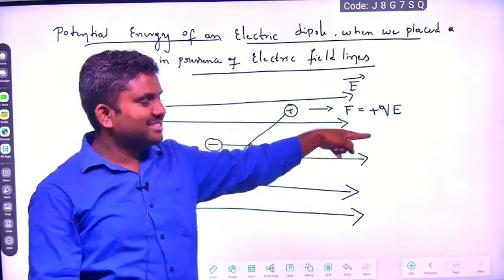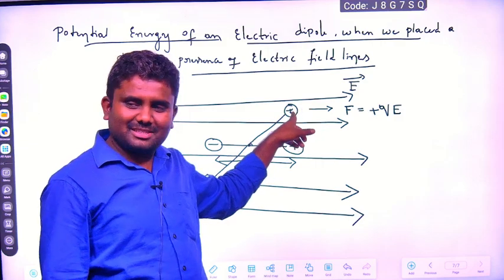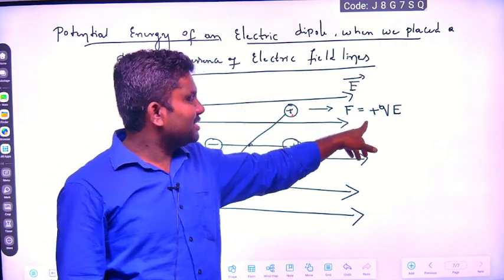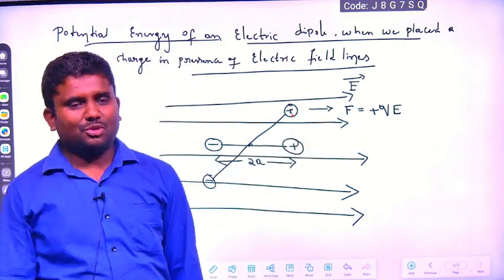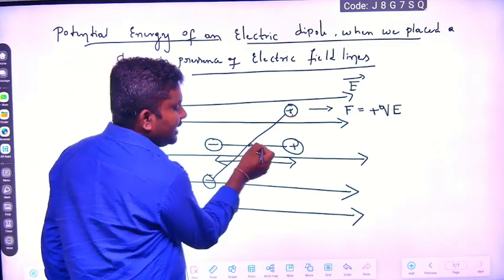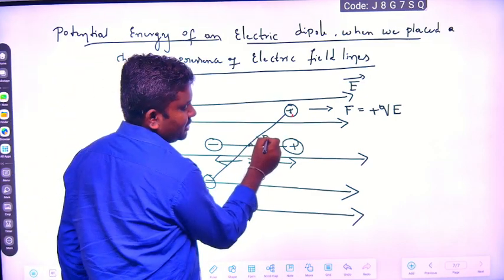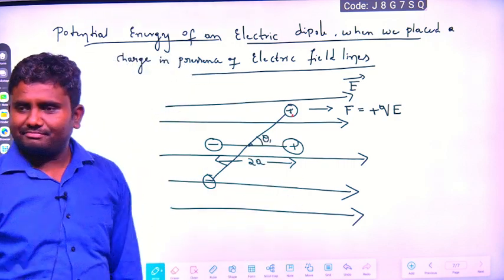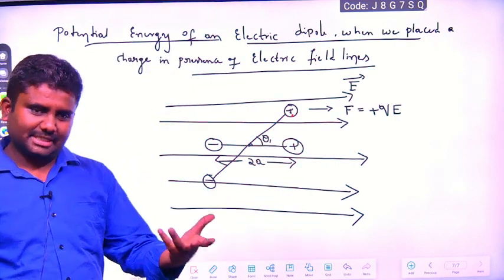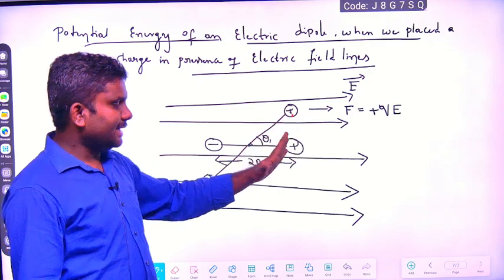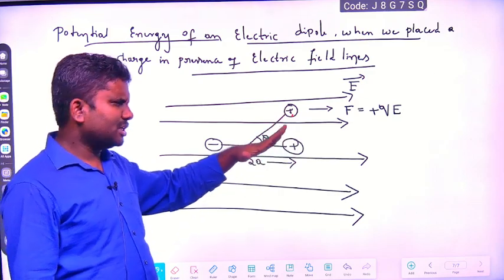See, direction of the field is this side. So charges are kept, it will experience a force F equals plus QE. And I will tilt this one with theta 1. This is the angle I tilted the dipole. I just moved the dipole a little.